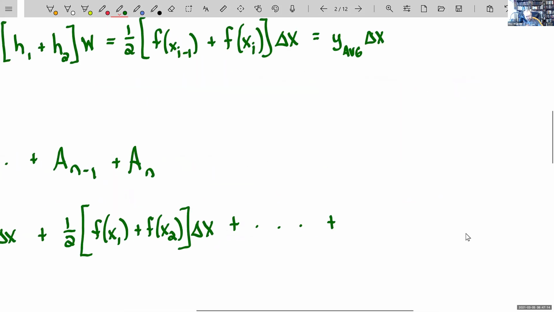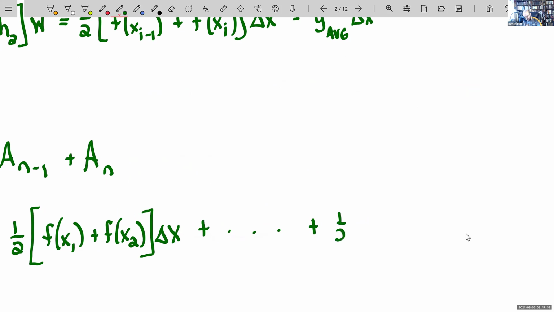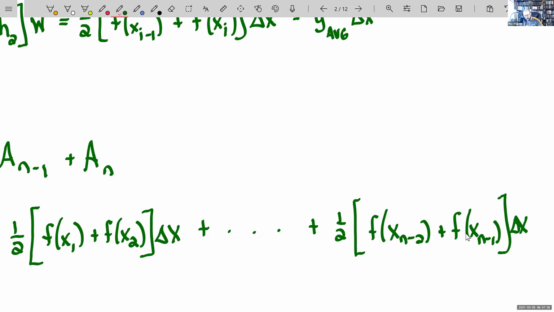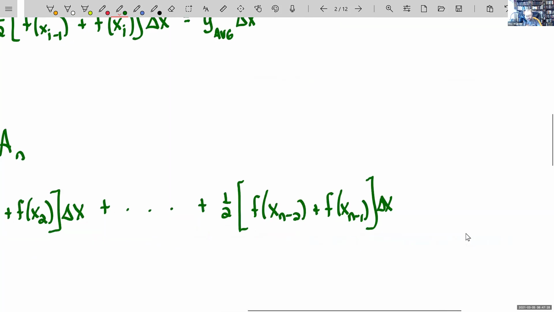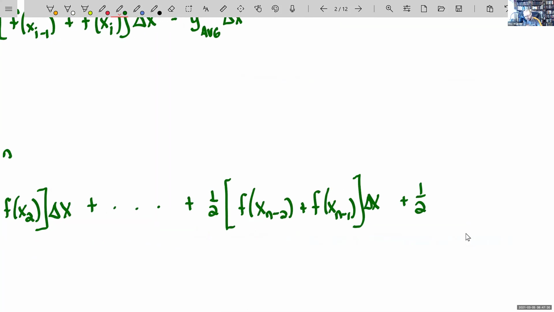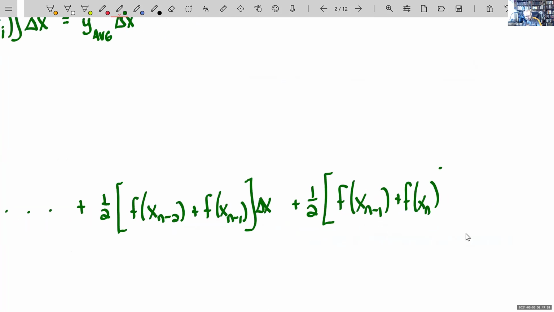The area of the n minus first slice is 1/2 f of x sub n minus 2 plus f of x sub n minus 1 delta x. And the area of the nth slice is 1/2 f of x sub n minus 1 plus f of x sub n delta x.